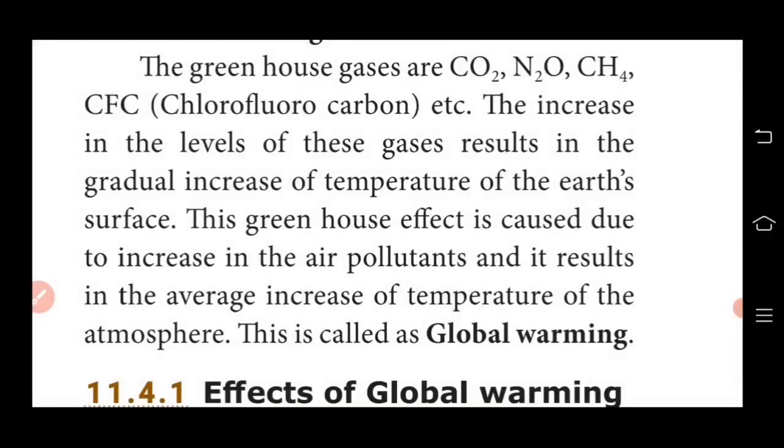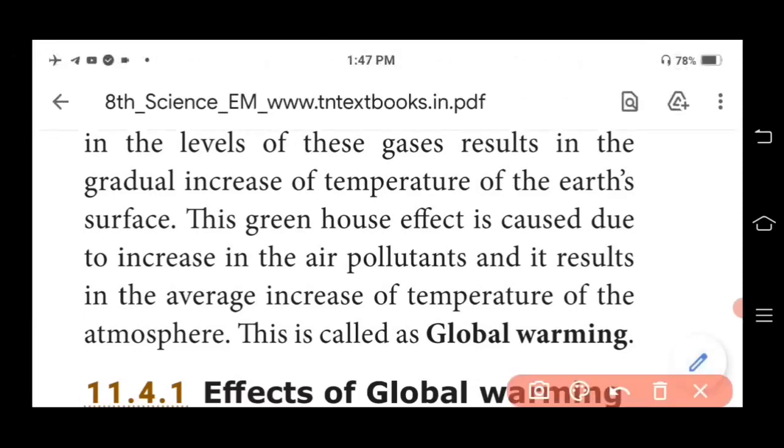Greenhouse gases are carbon dioxide, nitrous oxide, methane and chlorofluorocarbon. The increase in the level of these gases results in the gradual increase of temperature of the Earth.